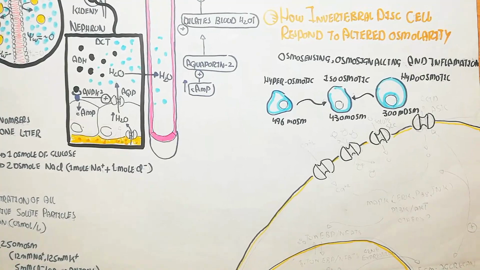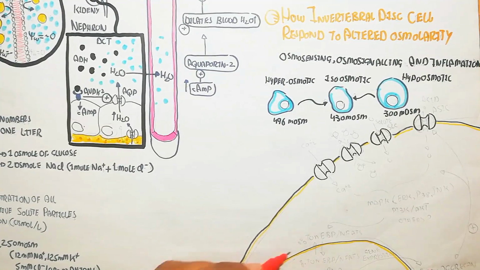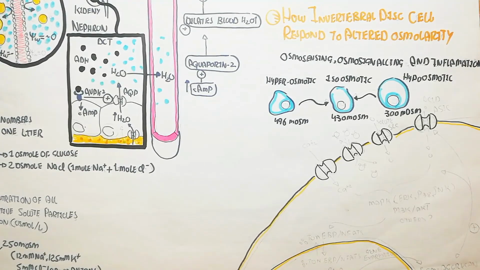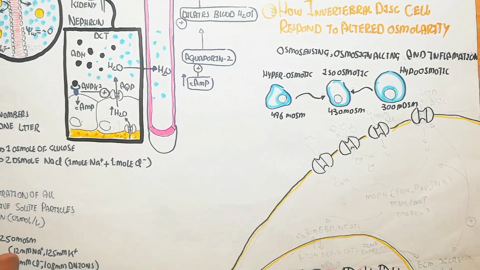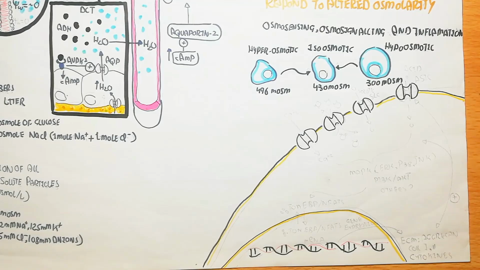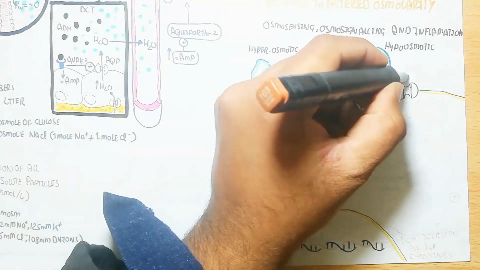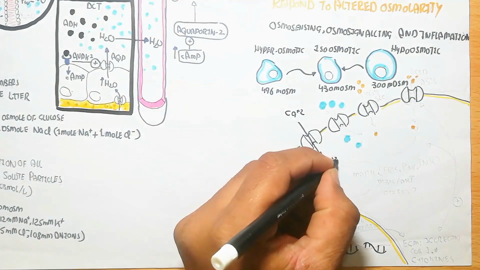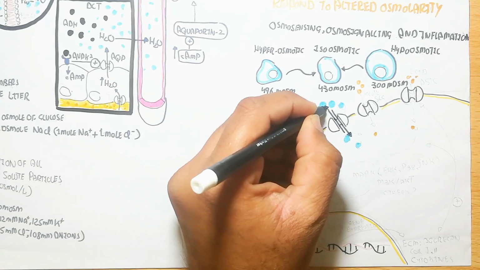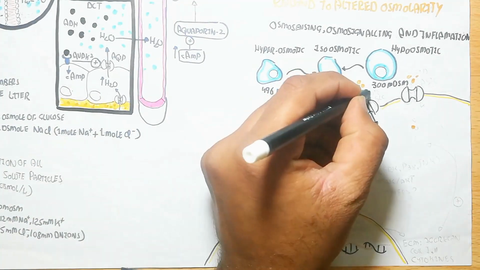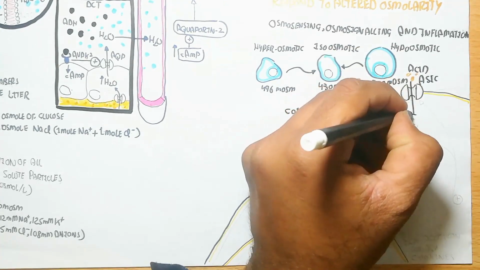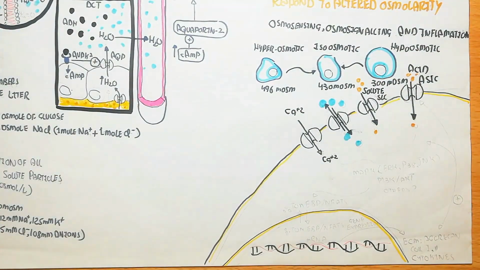In the hypoosmotic case, a trigger is required and calcium will move inside, along with other channels such as solute ligand-gated channels and acid-induced channels, which lead to calcium entry.